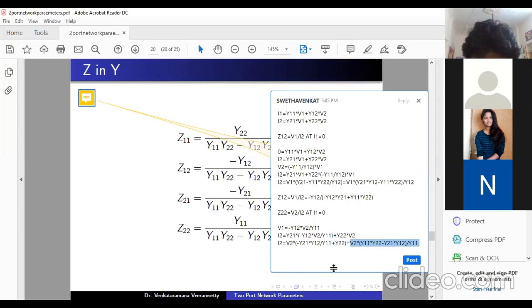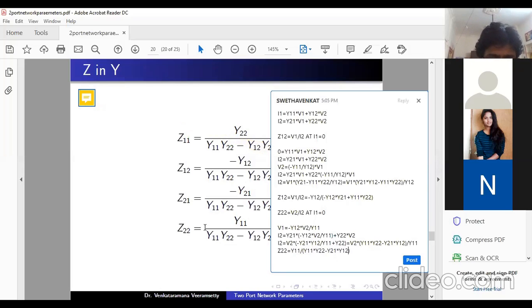So Z22 equal to V2 by I2, which is y11 divided by y11 into y22 minus y21 multiplied with y12.